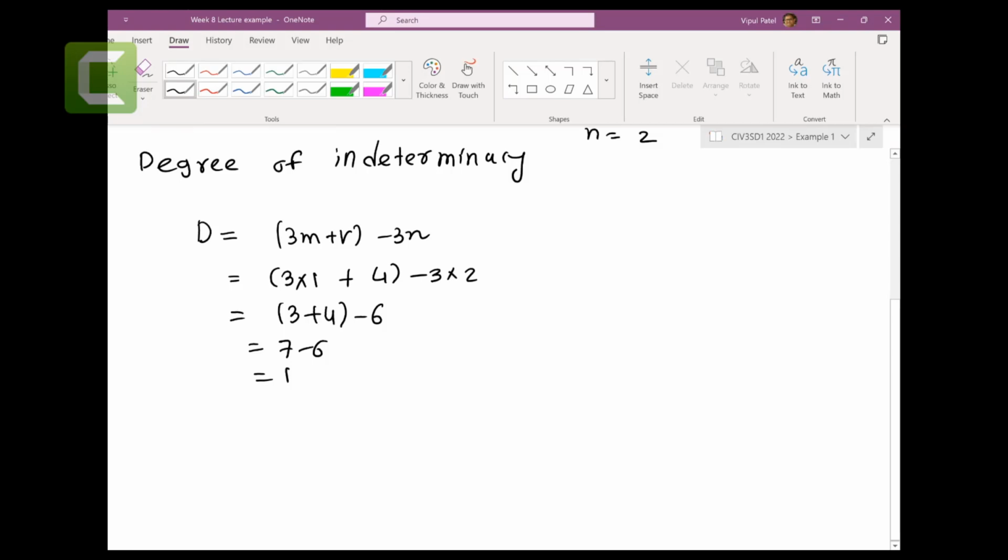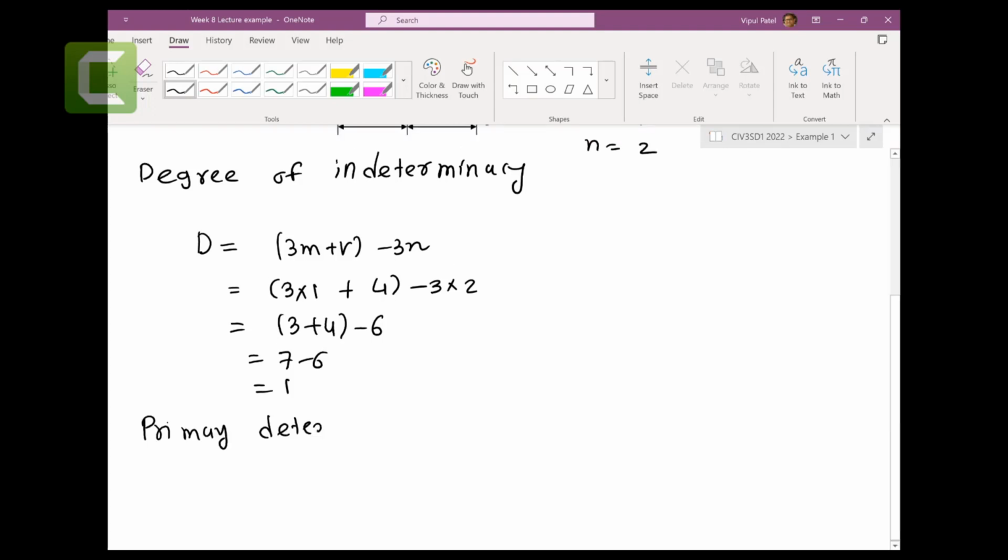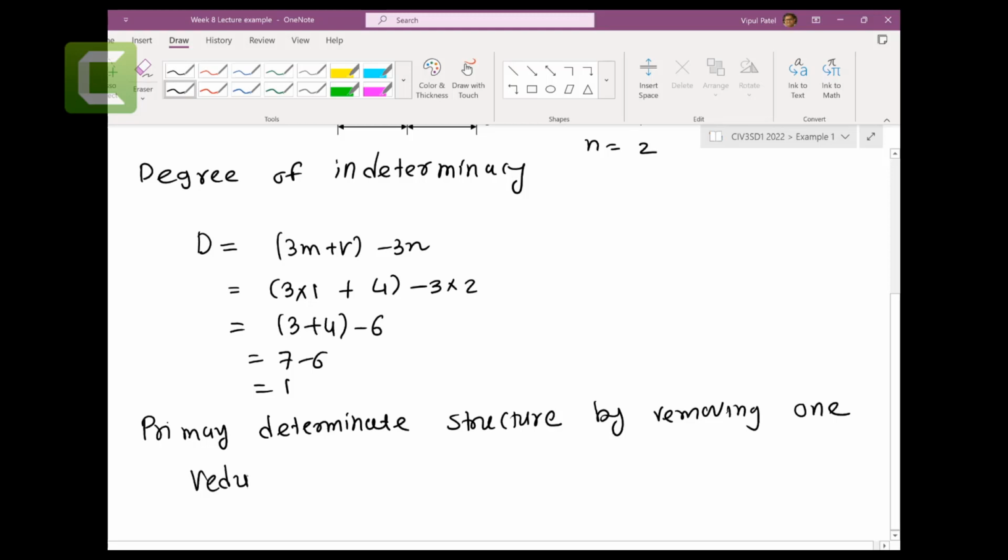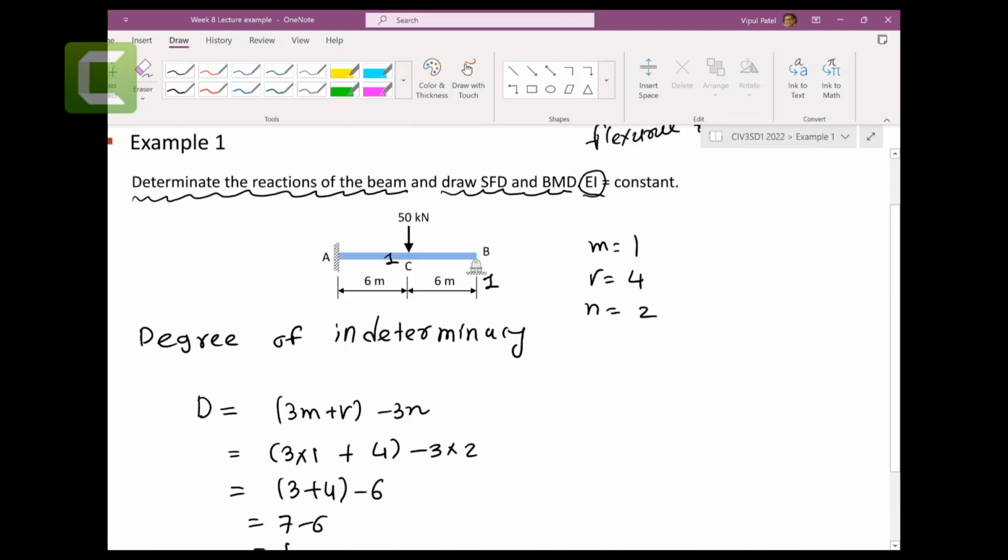Second, we're going to draw the primary determinate structure. Primary structures are always determined by removing redundant forces. So how many redundant forces do you have? 1, 2, and 3, and this one.